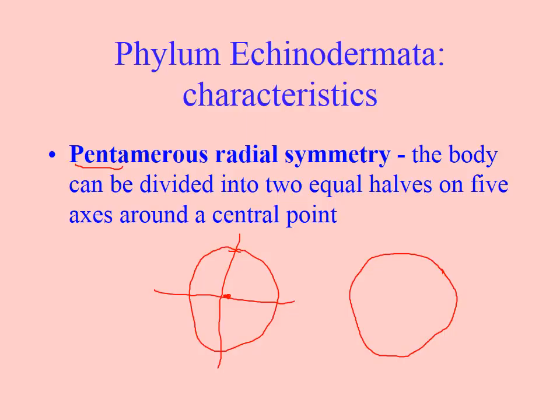Okay? And if we take pentamerous radial symmetry, penta, of course, means 5. And so you start with your radius, and you draw out 1, and then 2, and then 3, 4, 5. Okay, so if these were all equal, you can imagine these 5 equal slices of a pie show the symmetry, so they are symmetrical with each other.